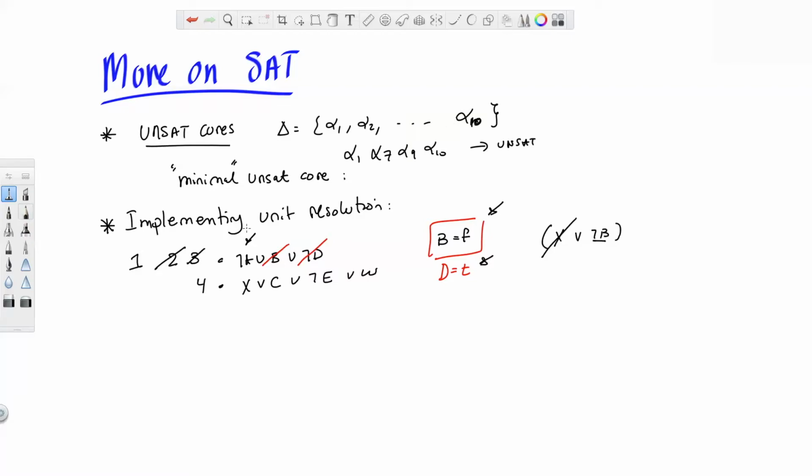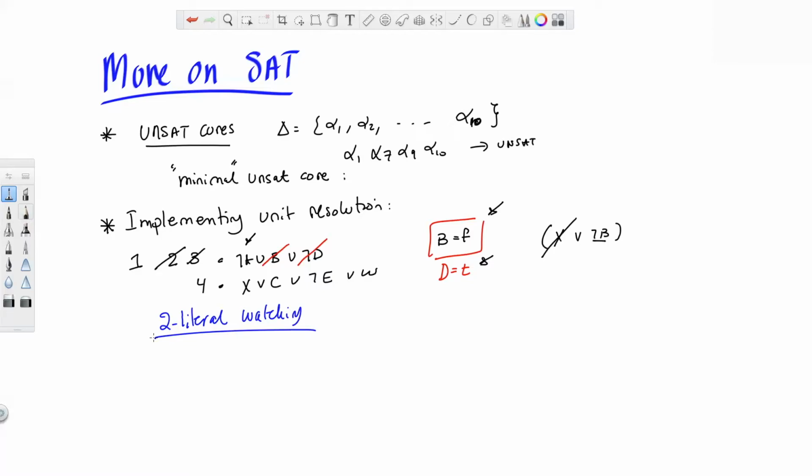So the short story is, people came up with a technique known as two literal watching. I'm just going to mention it briefly, and then you can read the details with a full trace of an example in your chapter. And the basic insight is very simple. It says, no, I don't have to keep track of the length of every clause.